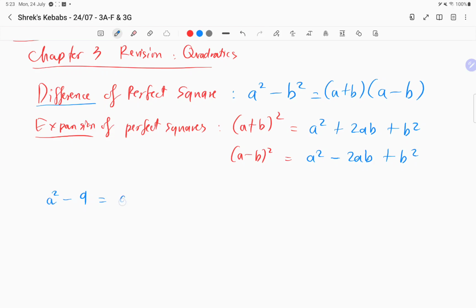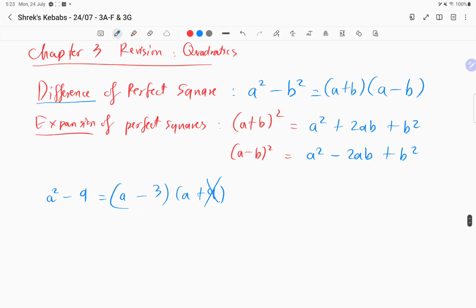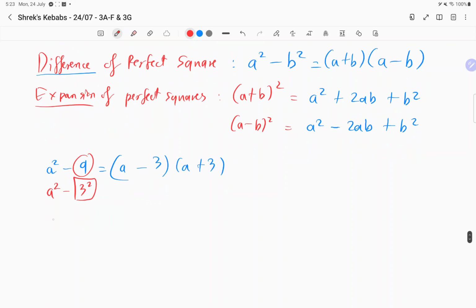You got the right idea, but it's not 9, it's 3. It's a minus 3, a plus 3. Why? Because this is a squared minus 3 squared. Remember, you have to convert this number into a perfect square before you can use the formula. Alright, let's try another one.